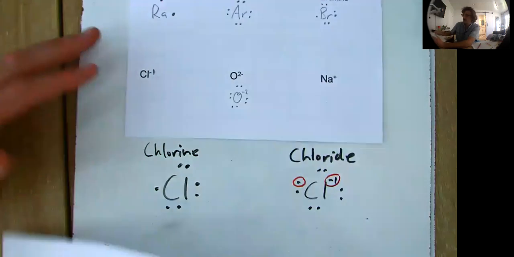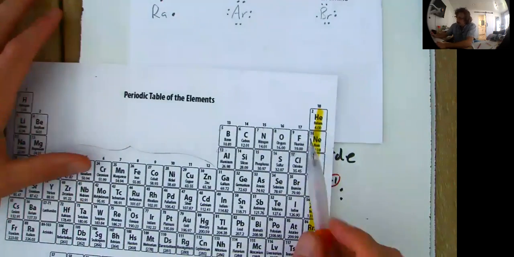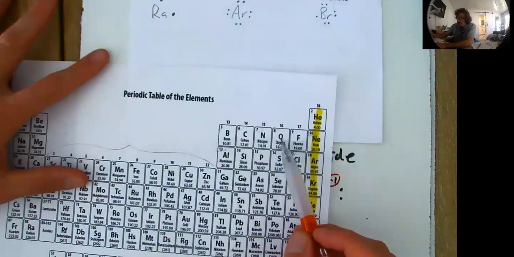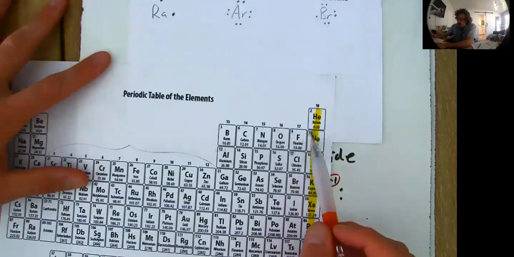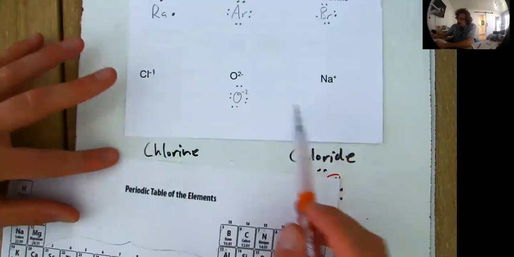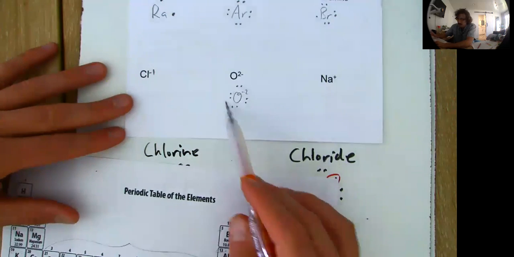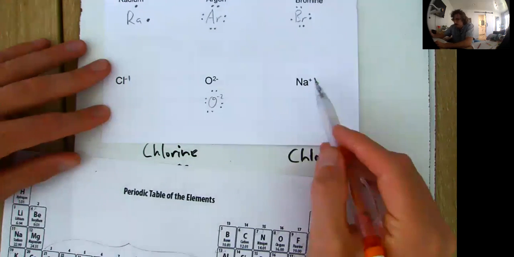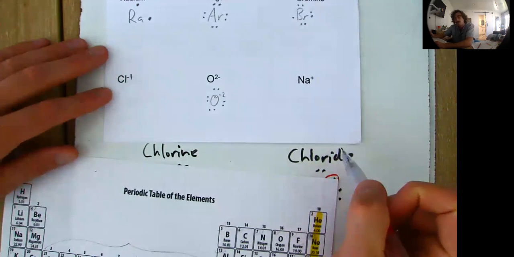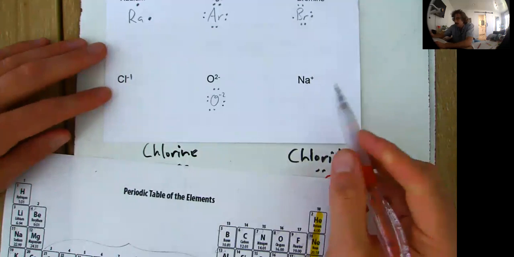Oxide has 8 valence electrons because oxygen will gain 2 electrons to have the same amount of electrons as the closest noble gas, neon. So that's 8 positive protons, 10 negative electrons for a charge of -2, but it has a total of 8 valence electrons.